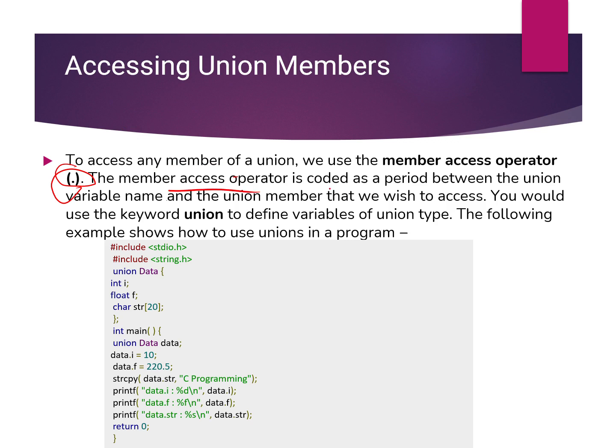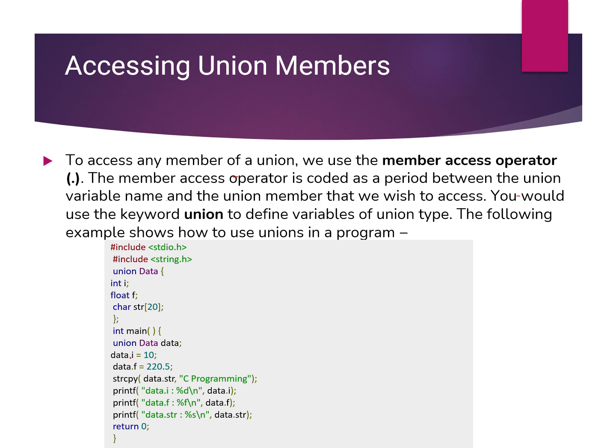The member access operator is coded as a period between the union variable name and the union member that we wish to access. You would use the keyword union to define variables of union type. The following example shows how to use union in a program. This is a union. We defined an integer type variable, a float type variable, and a string type variable.